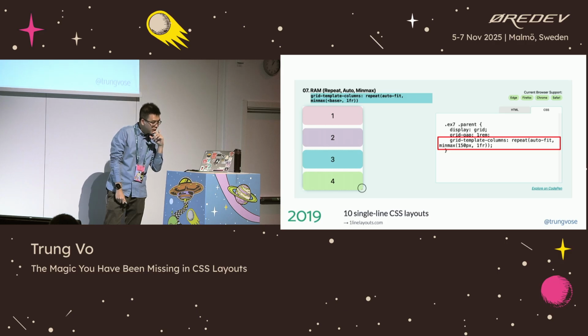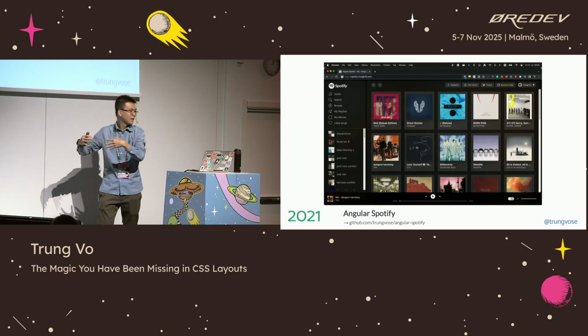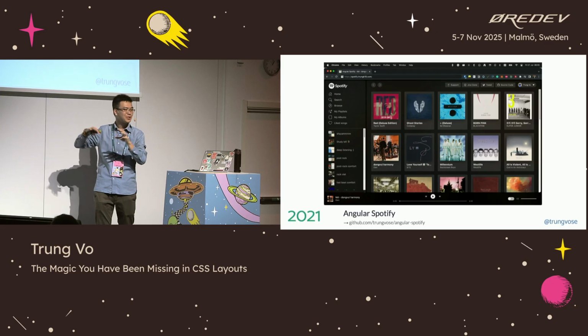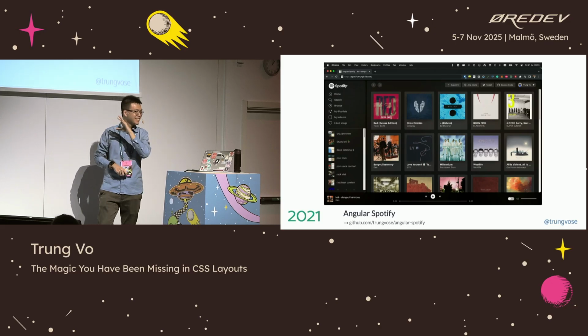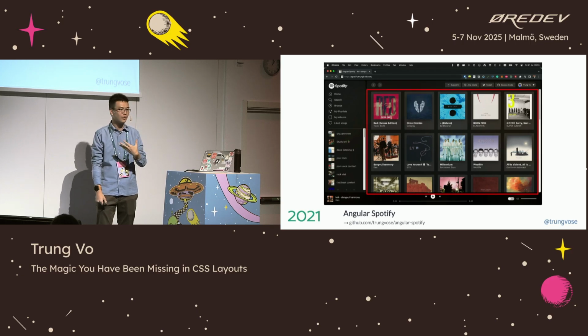And I think at that moment I was like, if CSS can do this kind of layout, what else could I have missed, right? So, a bit forward, 2021, I built this open source project. I don't know why I built Spotify. I don't know if it has anything to do with Sweden, but it happened. It was Angular Spotify, so it's with Angular, so it's not React.